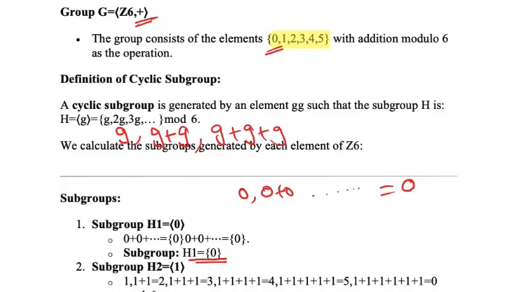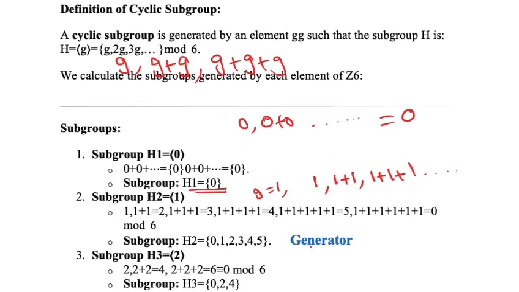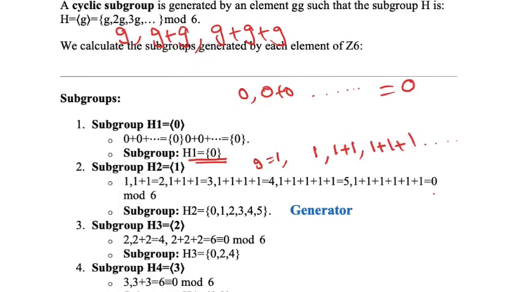Now coming to the second subgroup, the second element, which is 1. So G equal to 1. The first is G, then 2G is 1 plus 1, then 3G is 1 plus 1 plus 1, and so on. This process goes on until the value goes to 0.